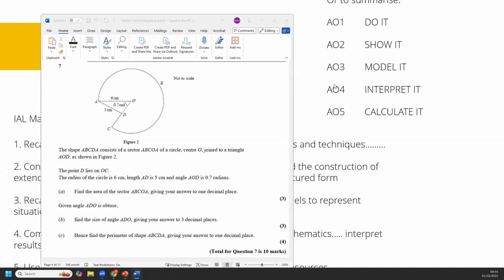So there are 2 marks of assessment objective 1 in part A, followed by 1 assessment objective 5. So they are expecting you to recall knowledge and then use that to calculate the area here. If we look at part B, given an angle that is obtuse, find the size of the angle ADO, giving your answer to 3 decimal places.